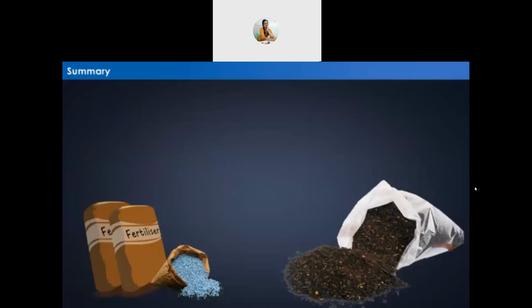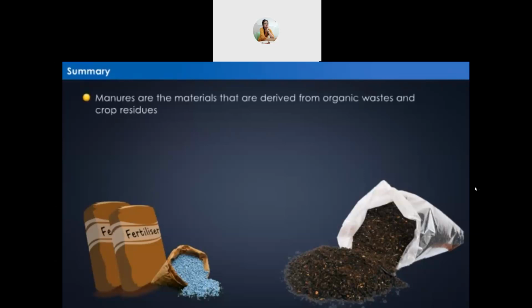Summary. Well, that has been an interesting lesson about introduction to manures, fertilizers, and soil fertility management. Let us do a recall of what we have studied so far. Manures are generally denoted as the materials that are derived from organic wastes and crop residues without the addition of any other chemical components.